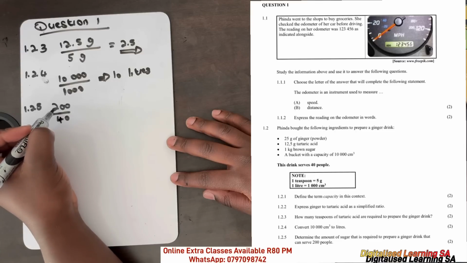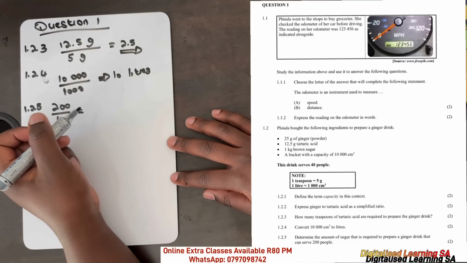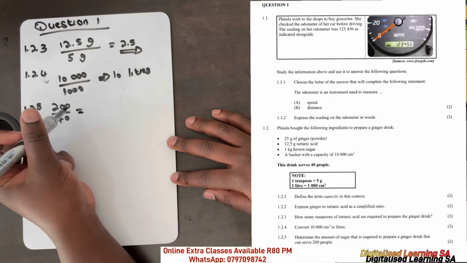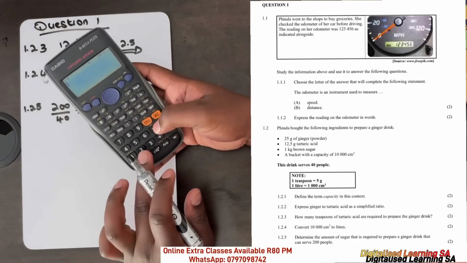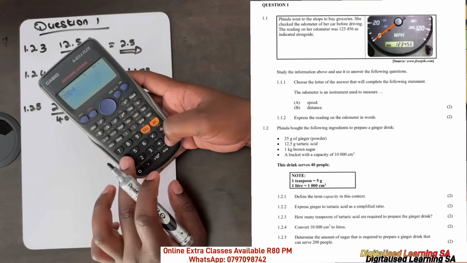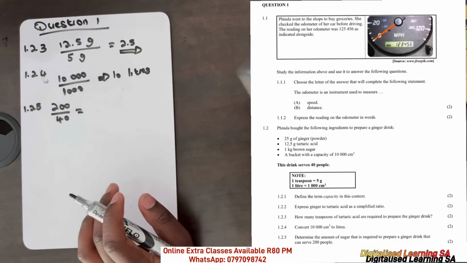So our answer will be 200 divided by 40, and it will be 5 kg.